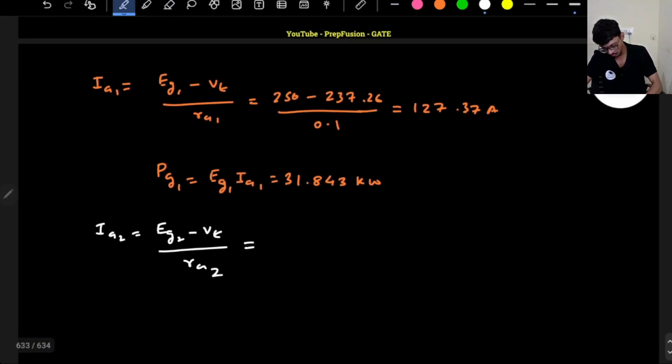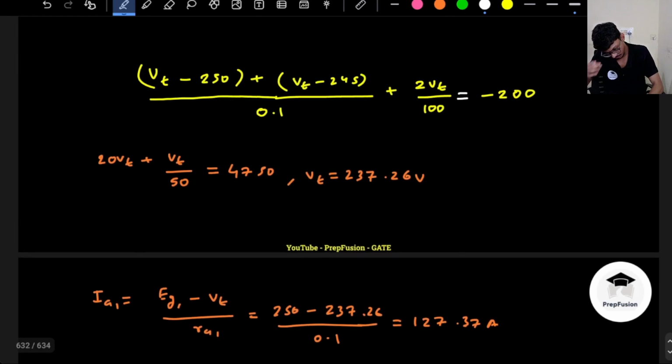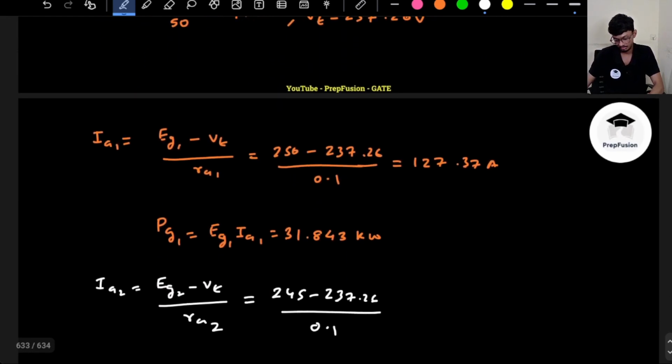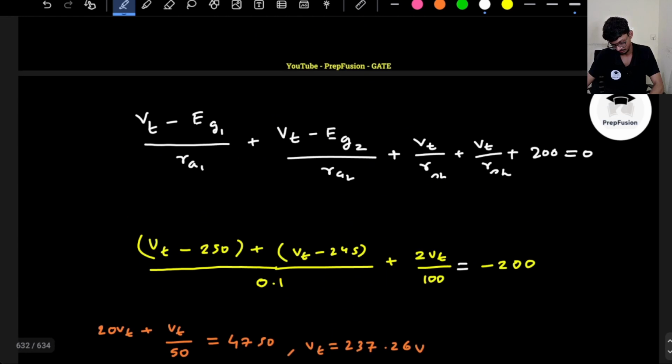So this will be Eg2, which is 245, minus Vt, which is 237.26, divided by 0.1. So what will be the power supplied?